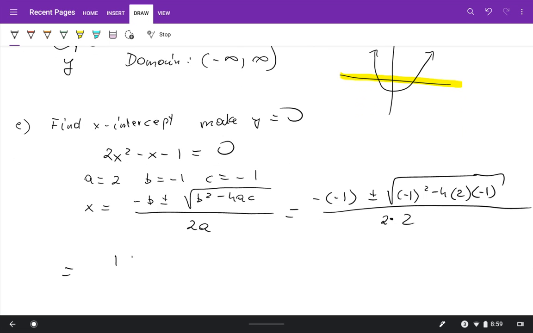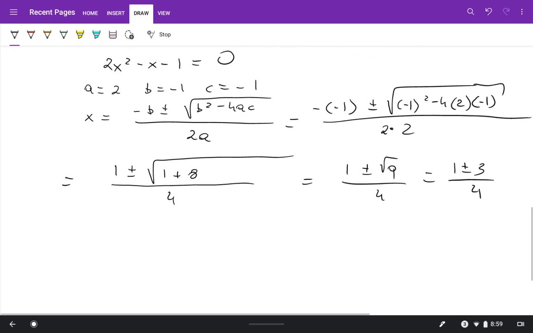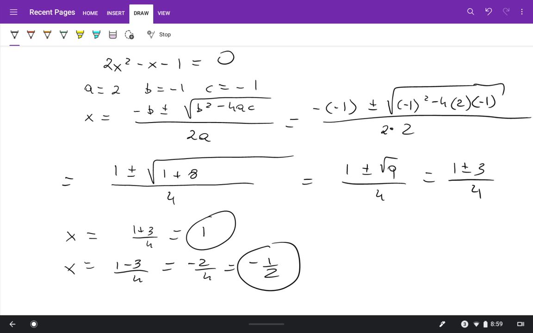And that will give us 1 plus or minus the square root of 1 plus 8, over 4. So we have 1 plus or minus the square root of 9 divided by 4, which is 1 plus or minus 3 divided by 4. So we have two x-intercepts. The first one is 1 plus 3 divided by 4, which is 1. The second is 1 minus 3 divided by 4, which is negative 2 divided by 4. That will give you negative 1/2. So we got two solutions.